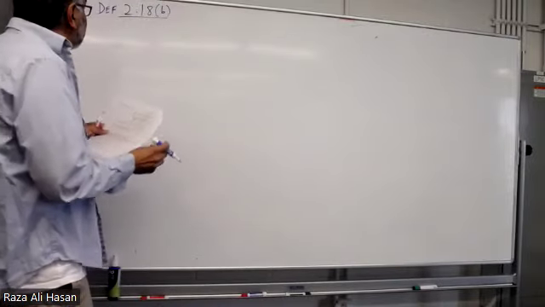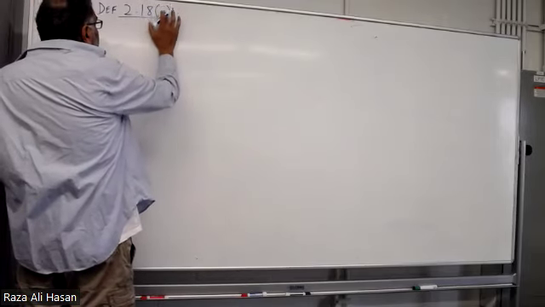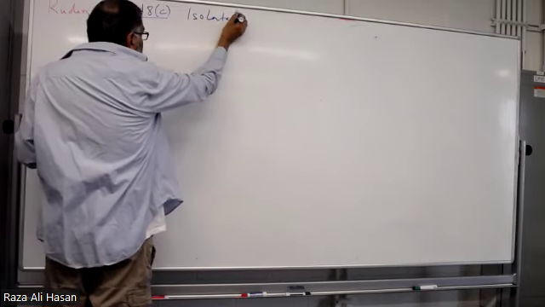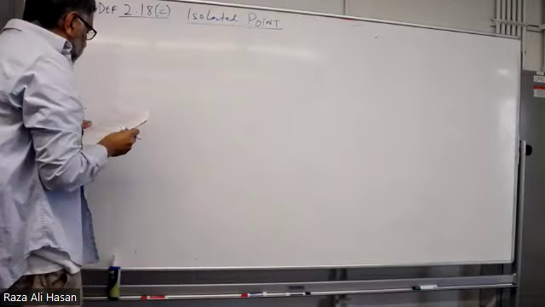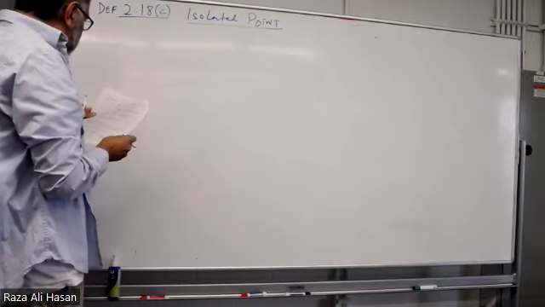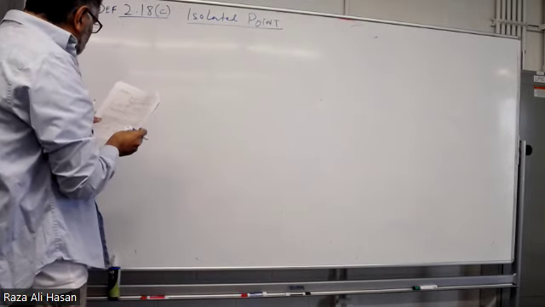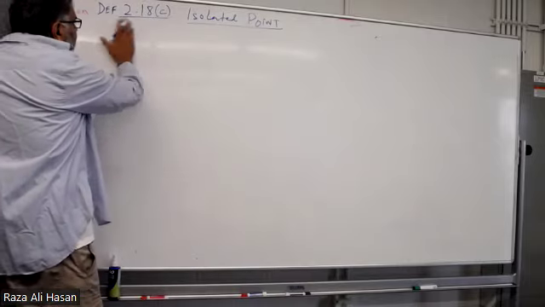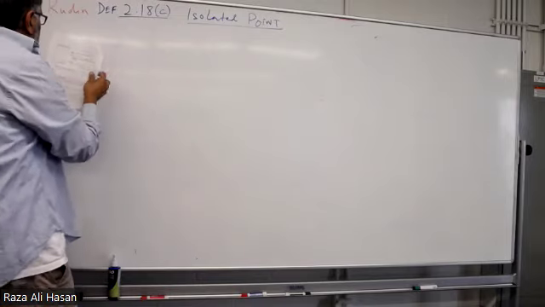All right, let's do isolated point, which is definition 2.18(c), again from Rudin. Isolated point, and, oh, wait a second, here it is. So actually one thing that I didn't write, I'm gonna write this time. So every time we are doing this definition, we assume these things to be true.